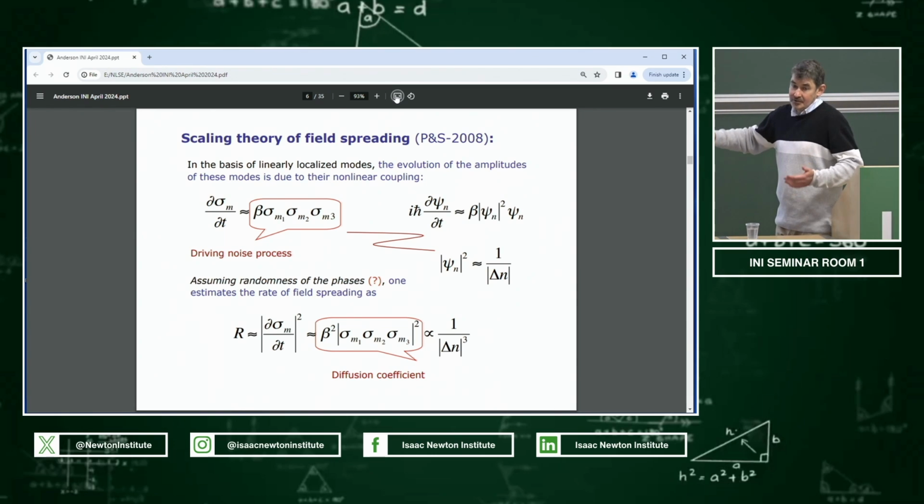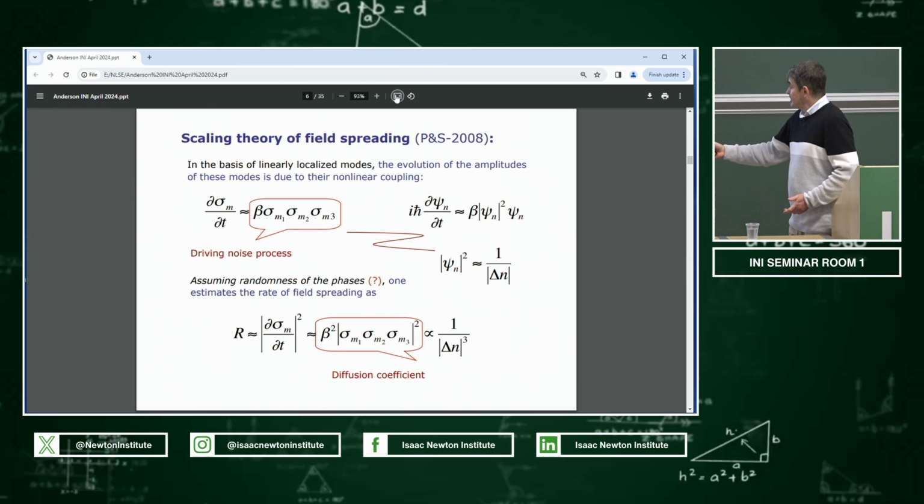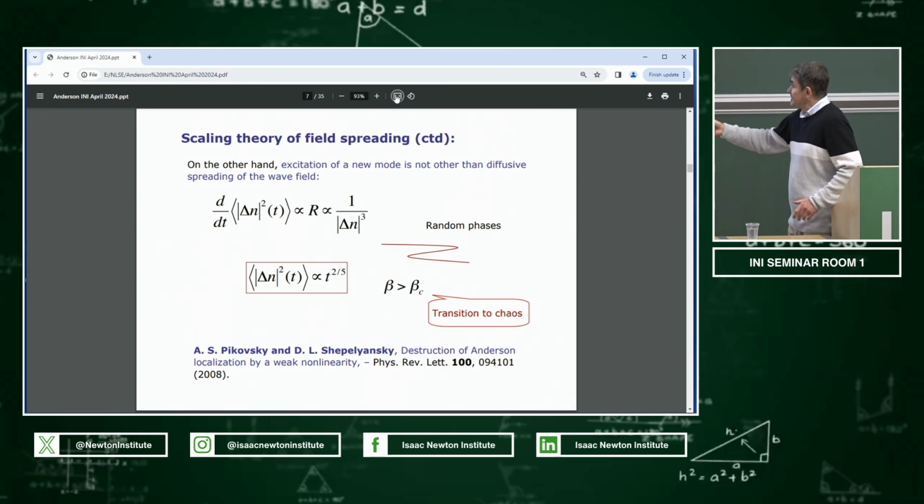So if there is a diffusion coefficient, then this coupling term acts to spread your field, so it starts to propagate. There is a diffusion flux due to this term, and they equated the diffusion flux to d/dt of delta n squared.